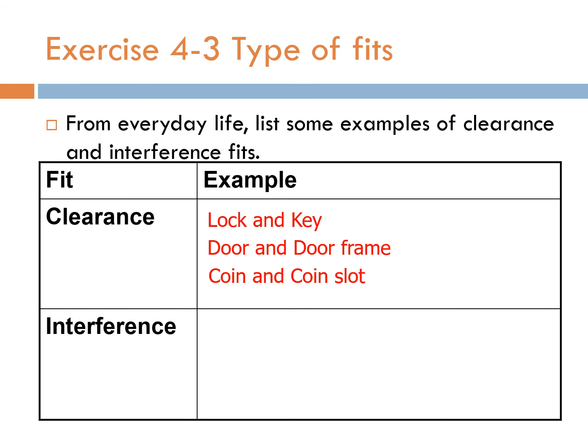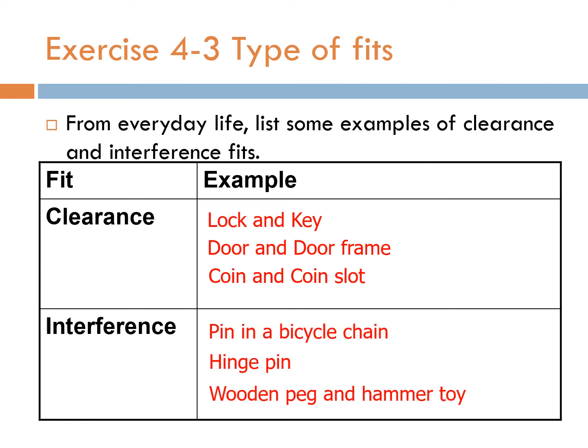You don't want to have an interference, otherwise the key will never be able to fit into the lock, or it's very hard for you to fit it into the lock. And a coin slide, like a slot machine: you certainly want the coin to slide smoothly into the machine.